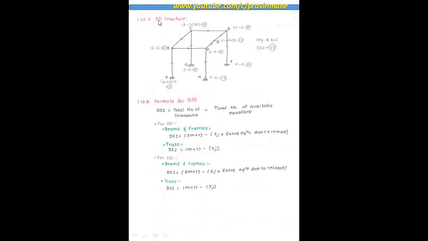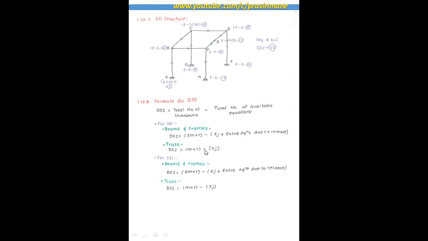Then the formula for degree of static indeterminacy. Degree of static indeterminacy is equal to total number of unknowns minus total number of available equations. For 2D beams and frames, DSI is equal to 3m plus r minus (3j plus extra equations due to release). For a truss, DSI is equal to m plus r minus 2j.